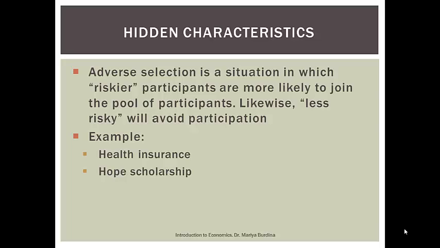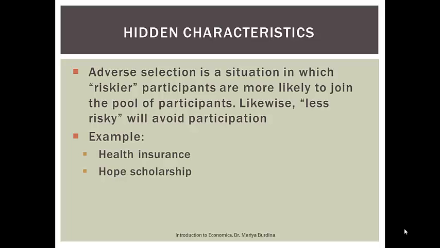The same thing was affecting the Hope Scholarship. We saw that only those that knew they weren't going to have a very high income after graduation participated in that scholarship. Even though the idea was that everybody would participate, and those who make more money would pay more and those who make less would pay less, only those that knew they were not going to make a lot of money participated.